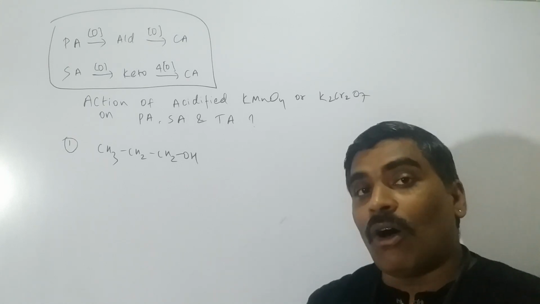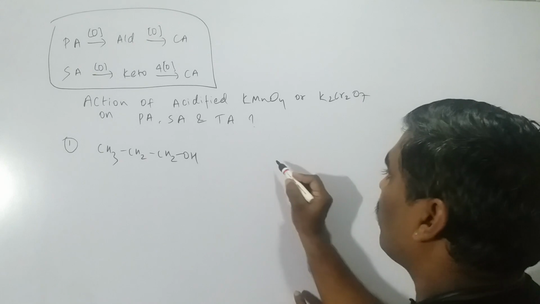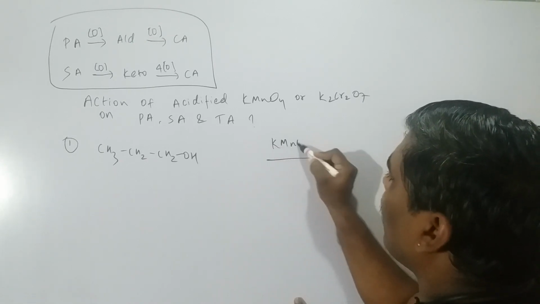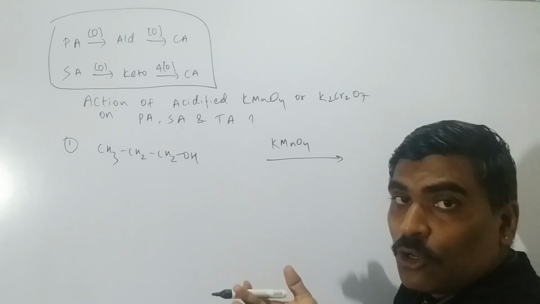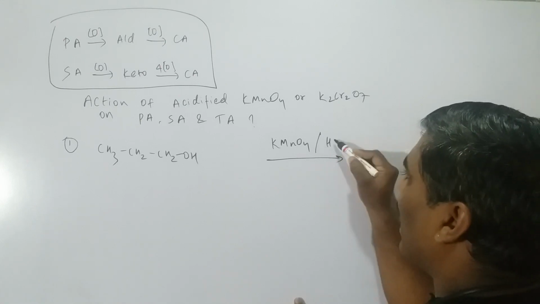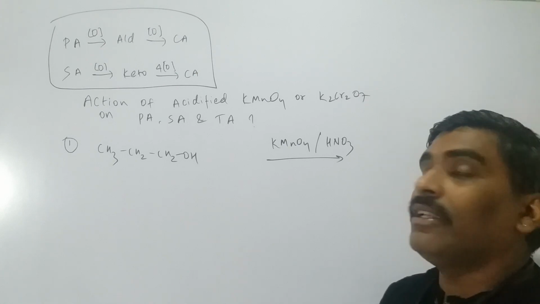So when propane 1-ol is reacted with acidified KMnO4, or in that place I can write potassium dichromate, and here the acid can be nitric acid, or dilute sulfuric acid.